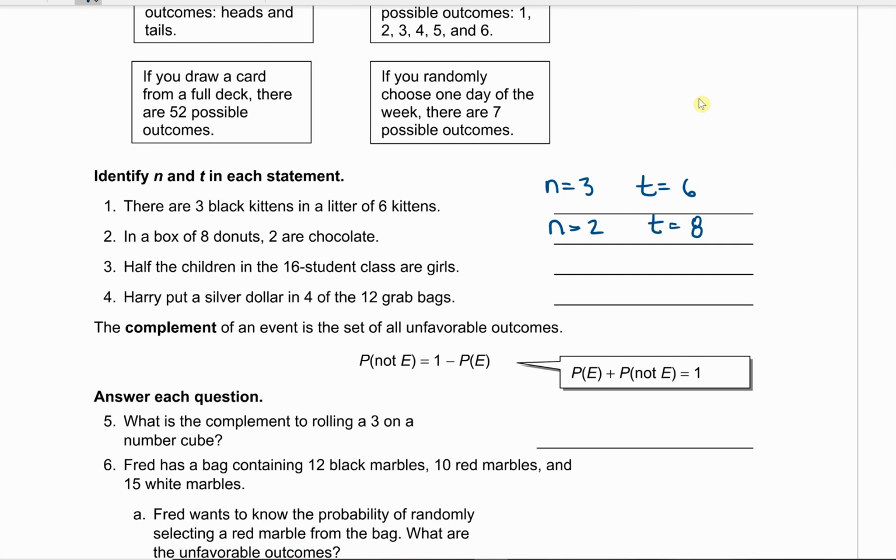Half the children in a 16-student class are girls. N is going to be 8, T is 16. How did you do that? What's half of 16? It's 8. Harry put a silver dollar in 4 out of his 12 grab bags. I want a nice shiny silver dollar. There's 4 out of a possible 12.